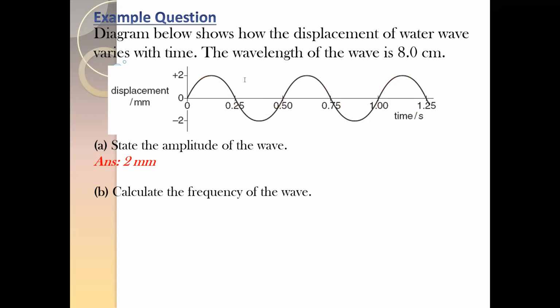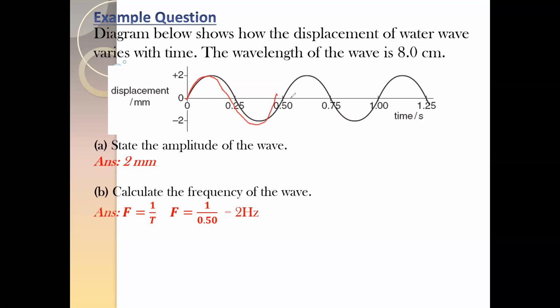So the number of vibrations in 1 second is called frequency. Or I can also use another formula: frequency is the reciprocal of the time period, f equals 1 over T. What is a time period? Time period means the time taken by one wave. One wave is taking 0.5 seconds. So 1 divided by 0.5 is also equal to 2.